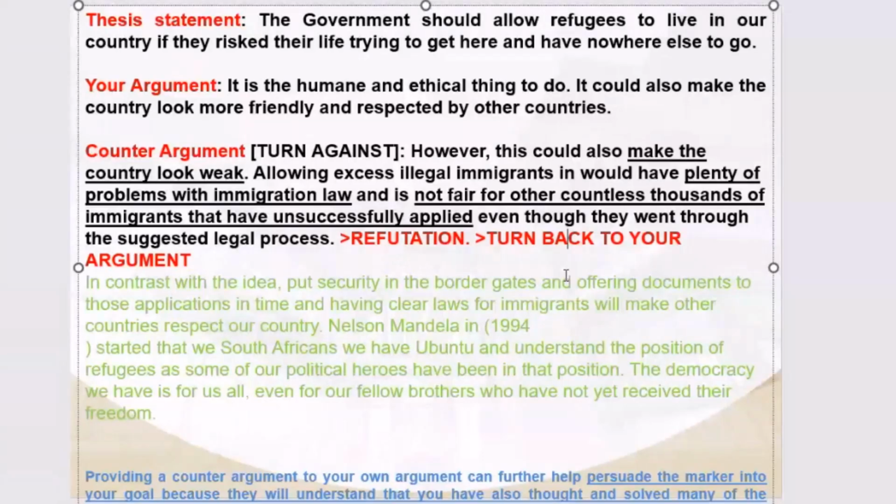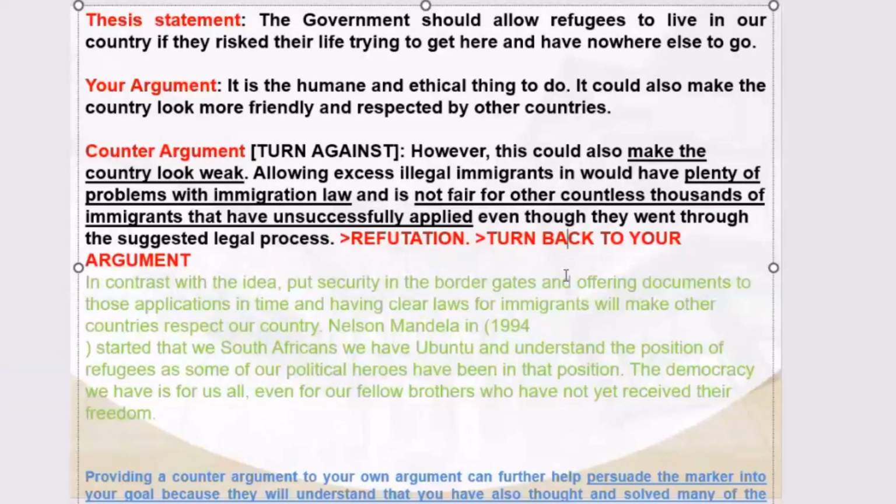Good, good. Well done. You have included the refutation. You have refuted or rebutted or rejected the ideas that those who hold a different view may state, and you have done that by stating why their views are wrong. And having done that, you then moved and said, you are wrong thinking like this.